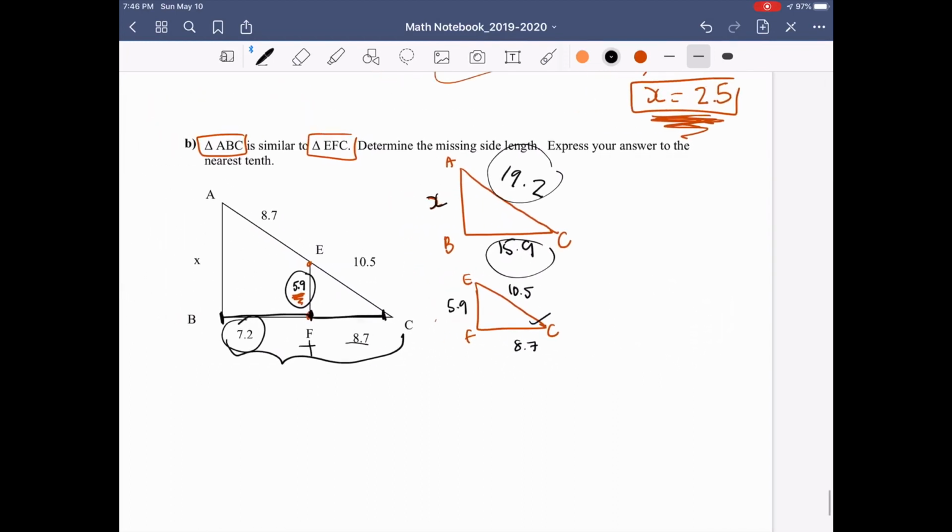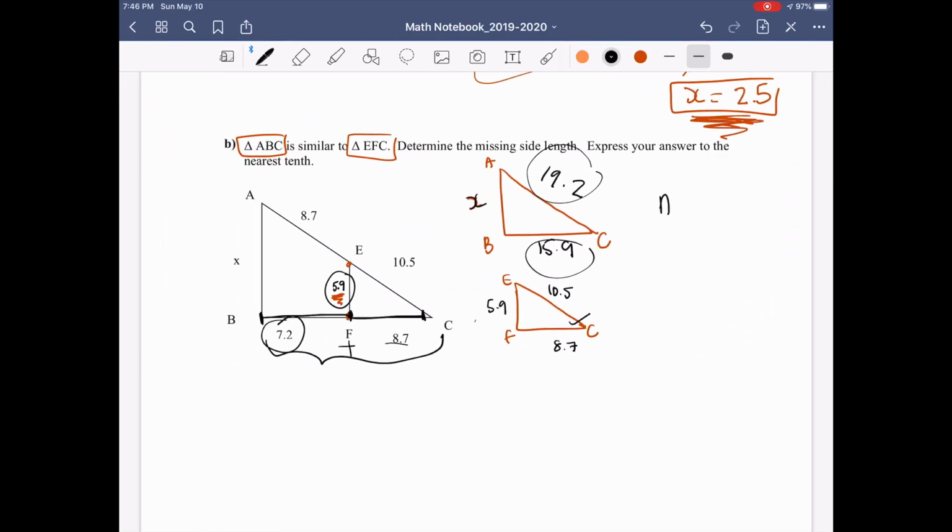And now you pick 2 sides to set up your ratio. So I'm going to say side AC corresponds to side EC. And then EF corresponds to AB, which is our missing side that we want. And I'm going to plug in the numbers that I have. AC is 19.2. EC is 10.5. And when I divide those 2 together, I'm going to use a different method this time.